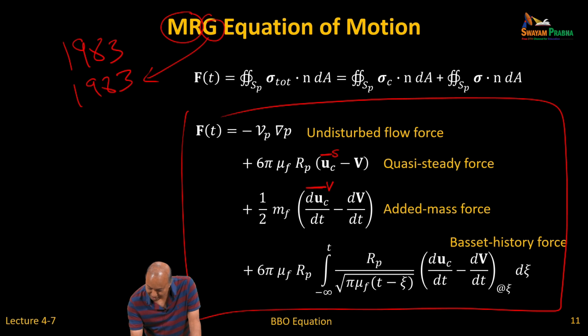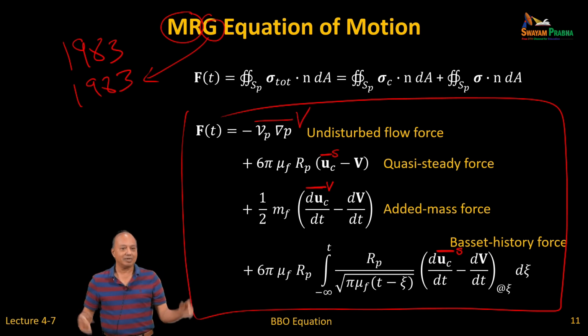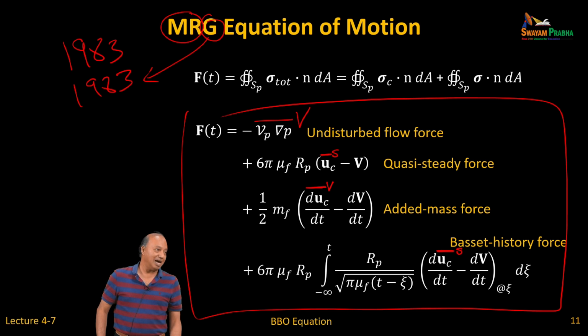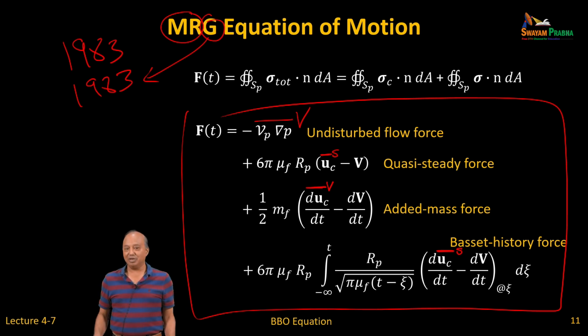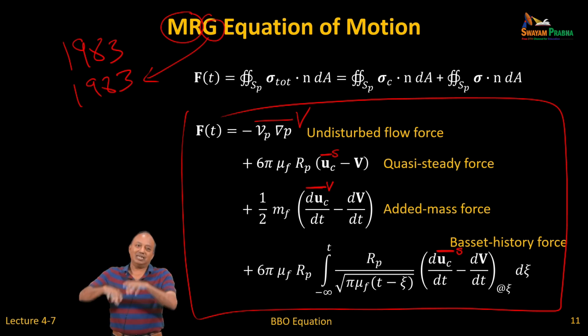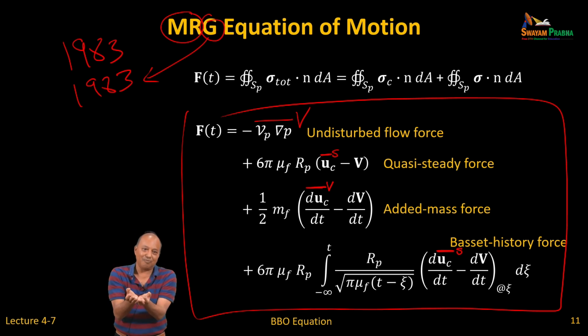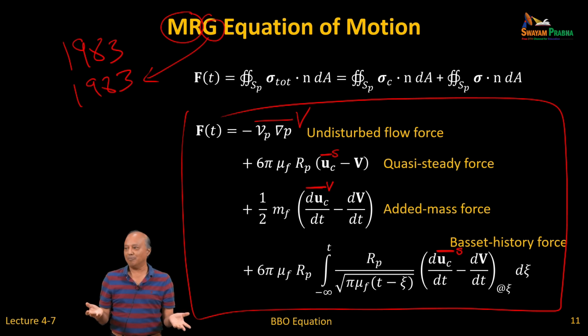It turns out that you just have to do the same thing. This is averaged over the volume of the particle. You take the surface of the particle, and you average this over the volume of the particle. That's it. So it took a long time. What they found was that the BBO equation is good, but the undisturbed flow you have to average either over the surface or over the volume of the particle, depending on which force you are looking at.